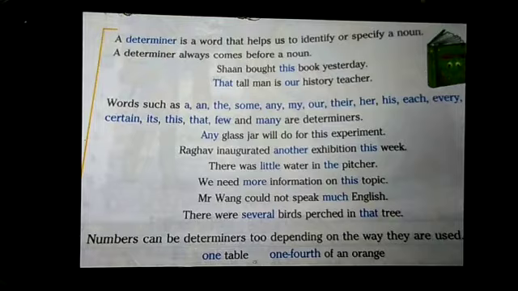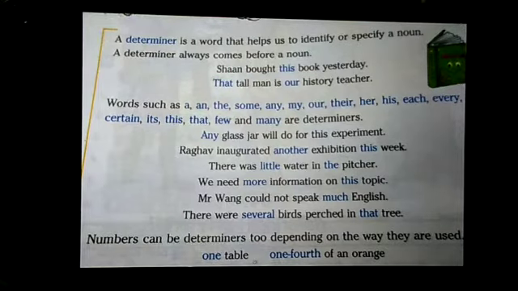Words such as a, an, the, some, any, my, are, their, her, his, each, every, certain, its, this, that, few and many are determiners. Any glass jar will do for this experiment.